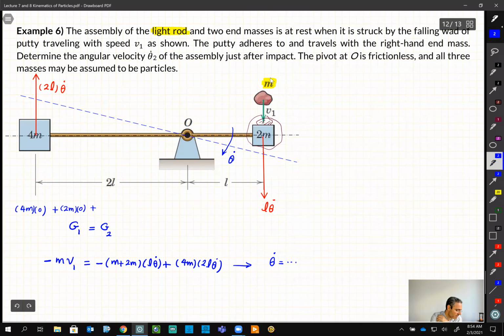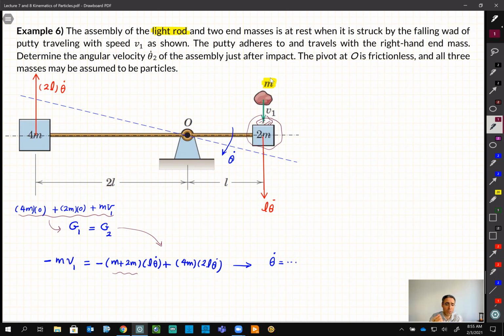And then the only thing that we have is this mass M times V1. This is all we have for G1. What about G2? This is what we wrote here. These two masses, M and 2M, are now together. What is their velocity? L theta dot. The 4M has mass 4M and its velocity 2L theta dot. You need to be careful about the direction. So like always, coming down, I show it by negative, and going up, I show it by positive.